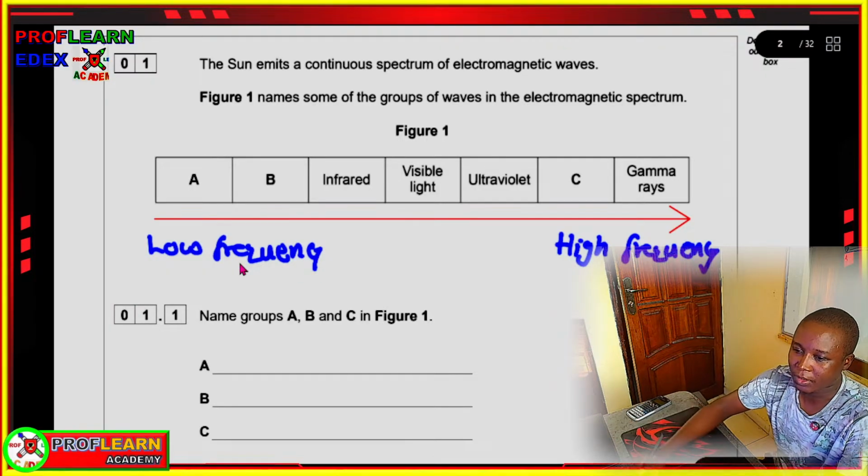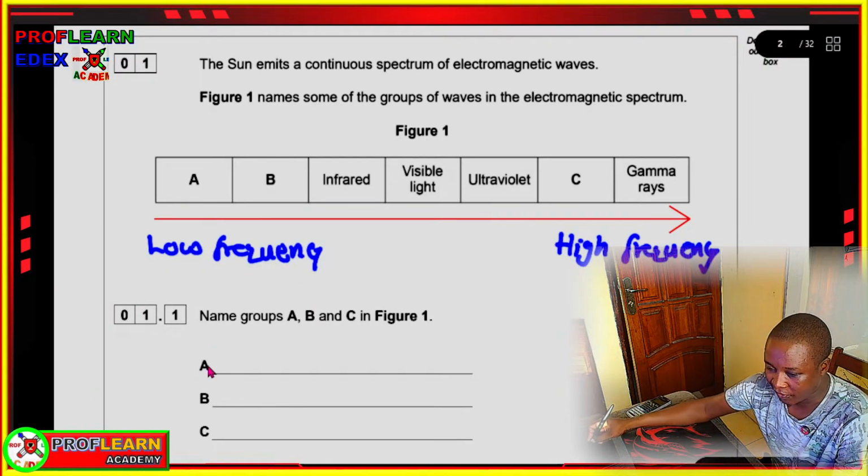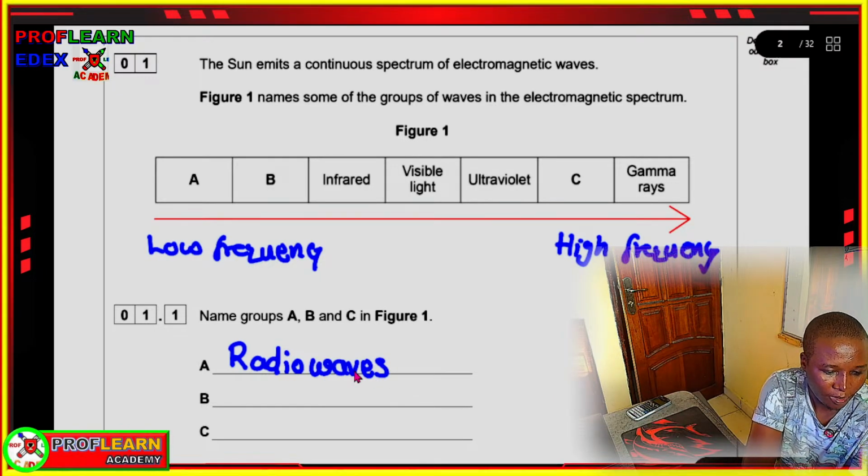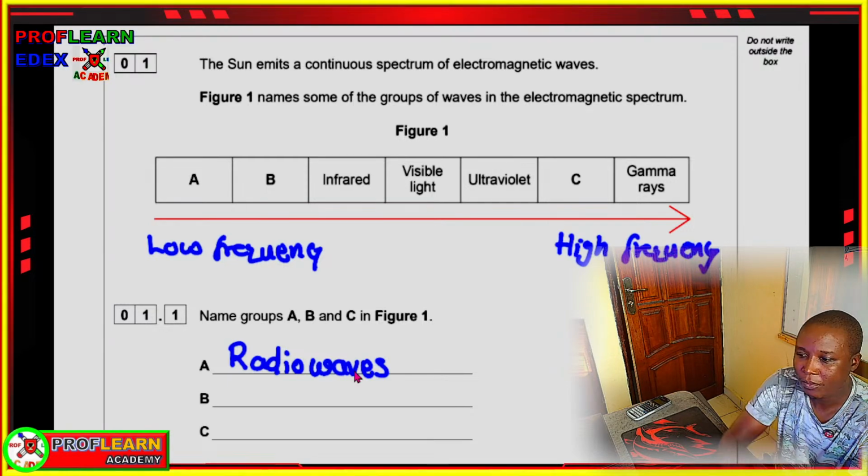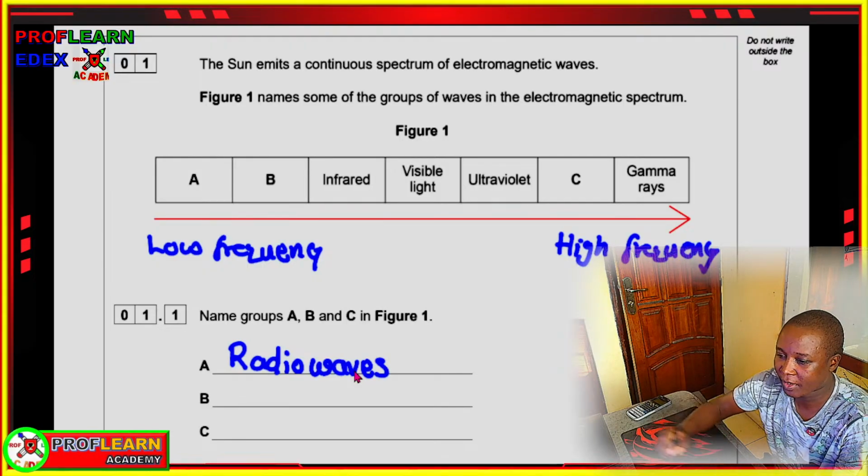Which means that A, we can identify it as radio waves. Yeah, A is basically radio waves. And then we are going to also identify the second wave that we are having here.